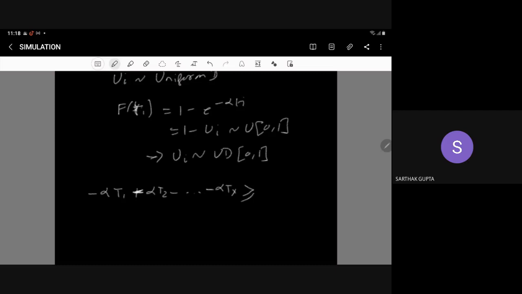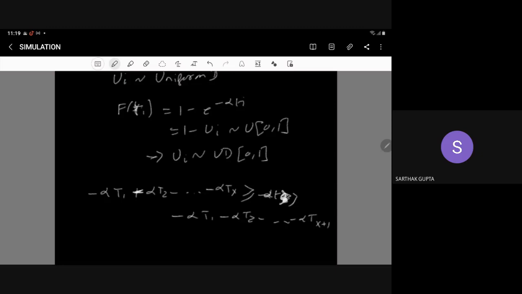Due to the multiplication by the minus, the sign of the inequality will change: minus alpha t not greater than, just greater than, minus alpha t1 minus alpha t2, minus alpha tx plus 1.